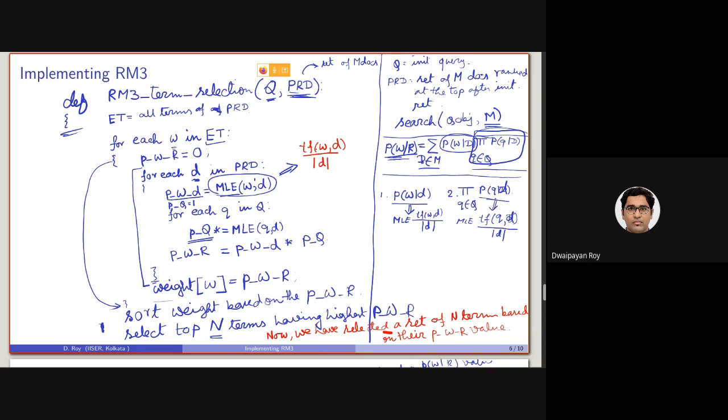Then we stored the term frequency. Then we stored the maximum likelihood estimate as well. So when we are making the inverted index, we can store this value in it. For each term W, we'll be storing the doc ID, say Di, together with the MLE of W in Di in the inverted index.